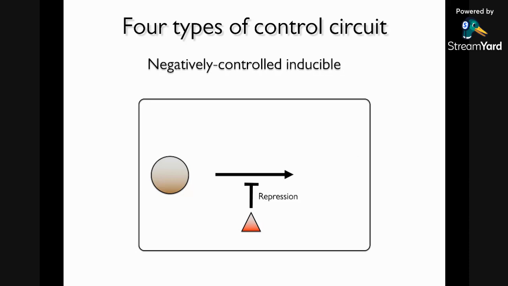It is, however, inducible, and this is where the latter half of the name becomes important. How can we induce this circuit? How can we turn it on? Think in terms of computer science here and logic gates, if you're into that kind of stuff. You hopefully can appreciate if you want to turn this circuit on, you need to get rid of the repressor somehow. We do this by adding, and this is where it gets a little complicated, not an activator, because that would directly cause induction. We need to get rid of the repressor.